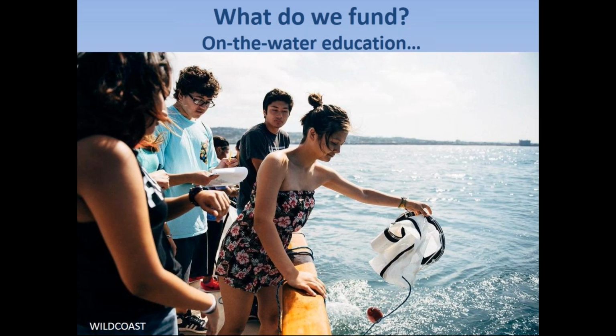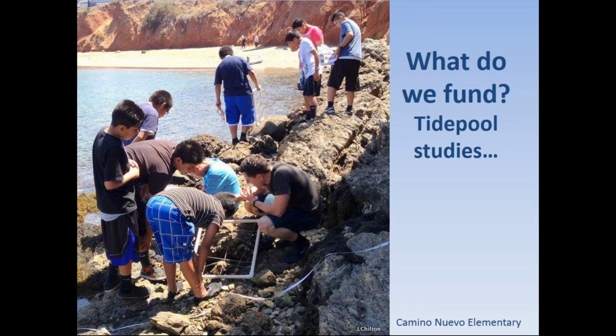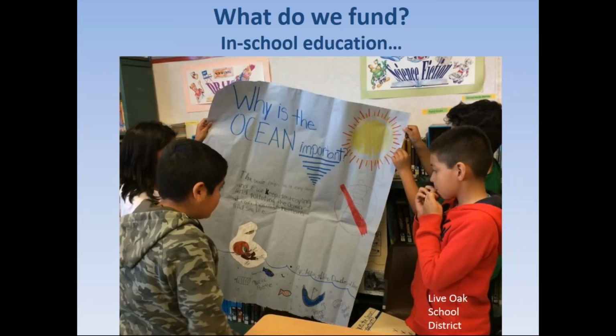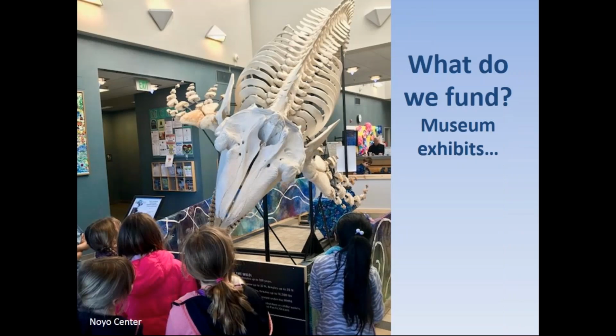We can also fund education programs that take place on boats. We can fund tide pool studies. We funded some interesting citizen science projects. We've also funded plenty of projects that take place at school. Also projects that take place in museums.